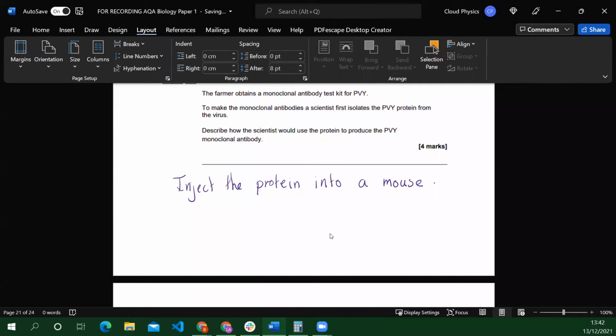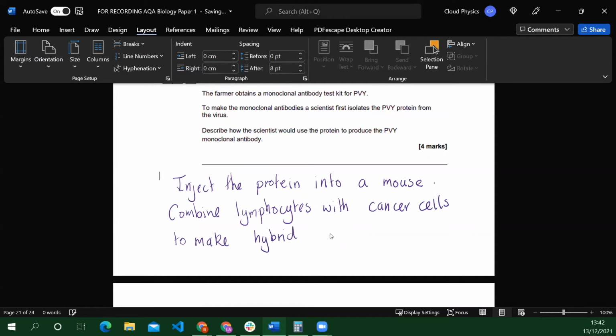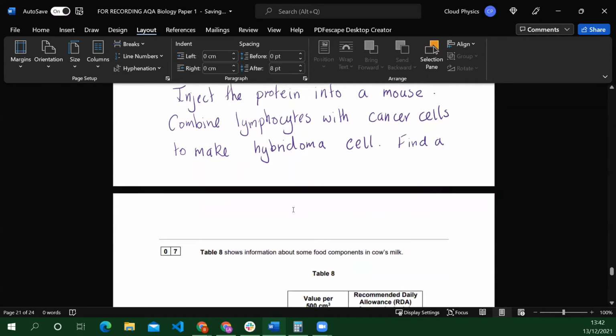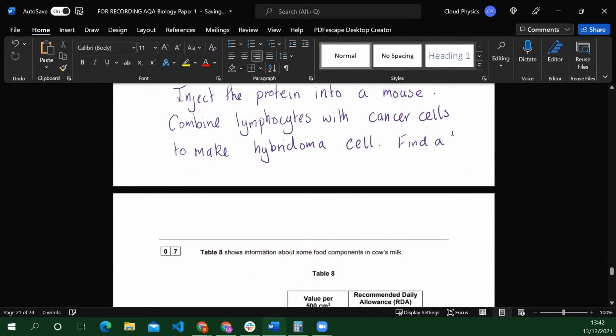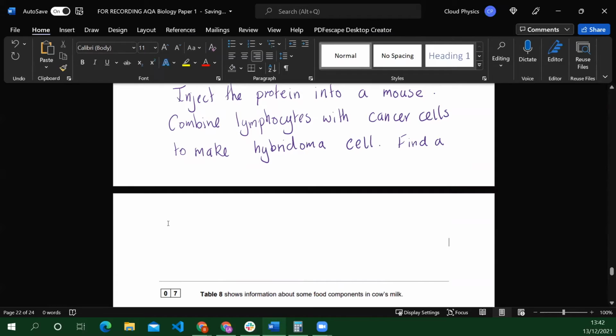So combine lymphocytes with cancer cells to make hybridoma cells. So find a hybridoma in a little space.